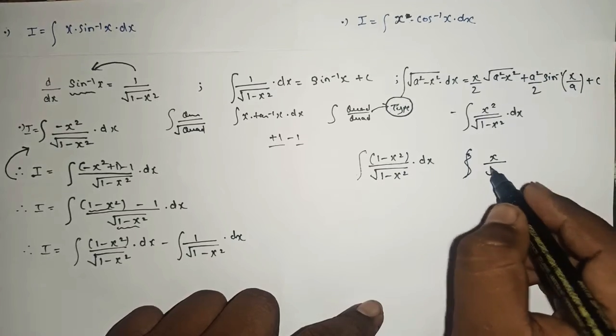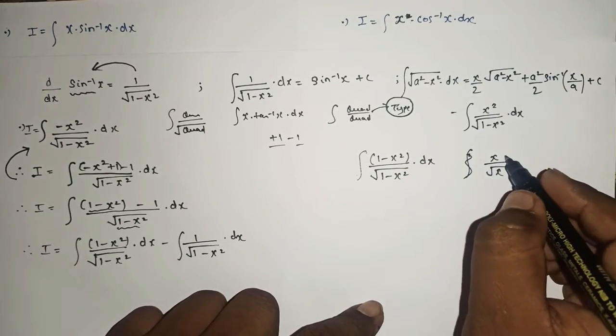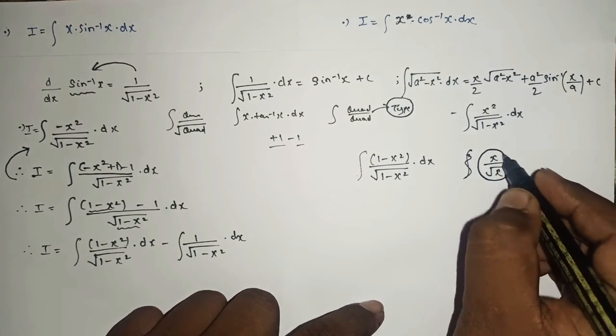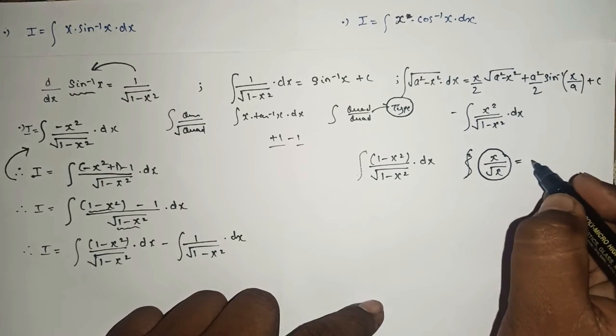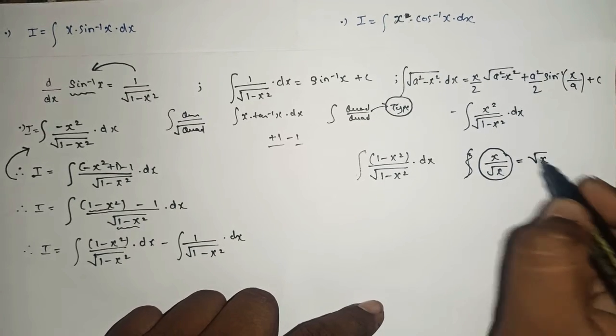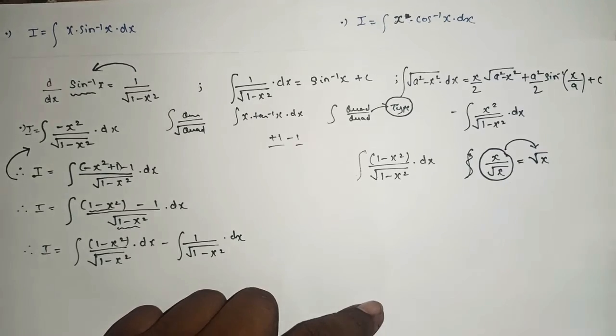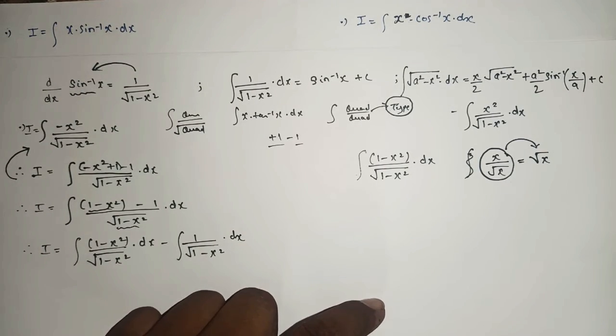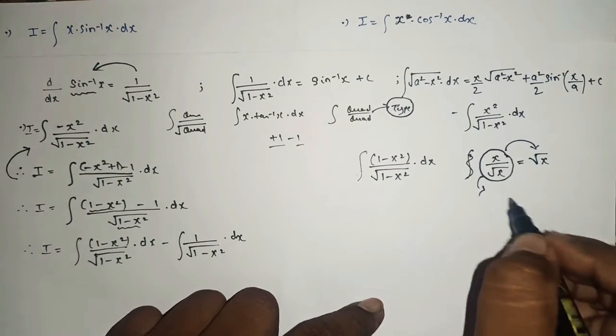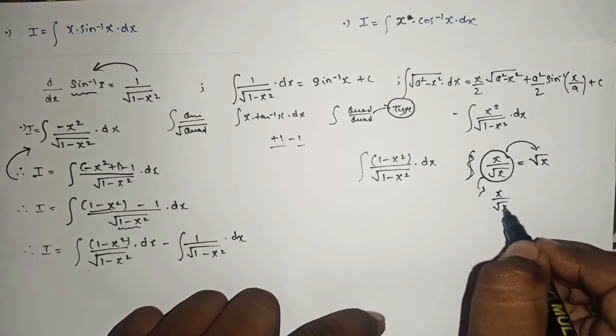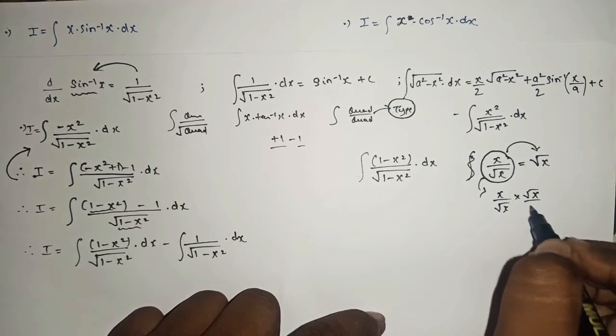Whenever you come across x upon root x, can I write this x upon root x directly as root x? Yes. Why? See here. x upon root x, rationalize, so root x upon root x.